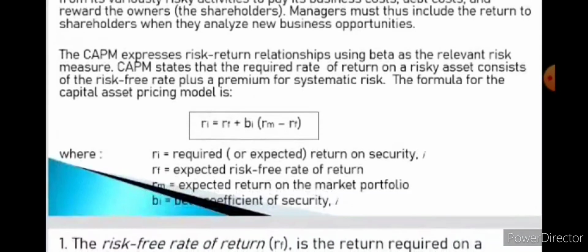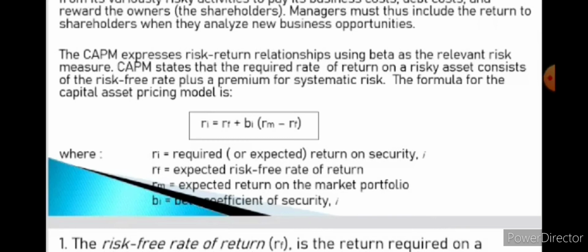The CAPM expresses risk-return relationships using beta as the relevant risk measure. CAPM states that the required rate of return on a risky asset consists of the risk-free rate plus a premium for systematic risk.